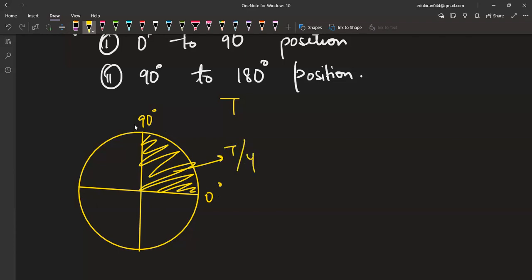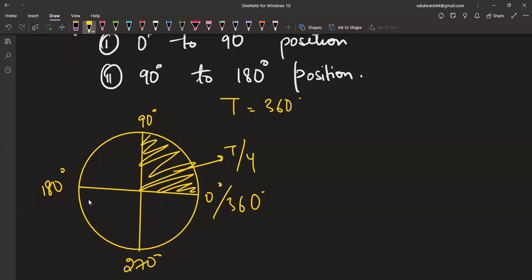If it is 0 degree to 180 degree, that would become half, t by 2. If it is 0 degree to 270 degree, it would be 3t by 4. If it would be back to 0 degree, that means complete 360 degrees. Suppose the question says 180 degree to 270 degree.